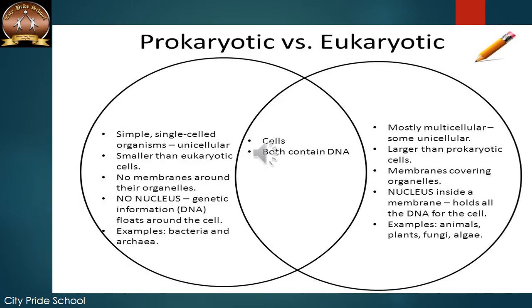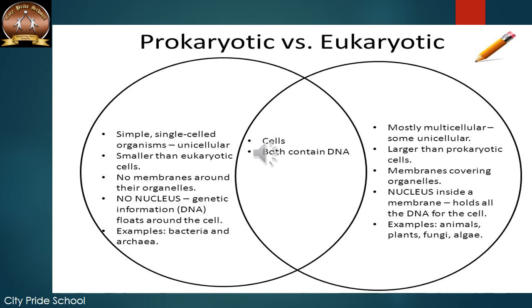Now, as we discussed just now, the nucleus is the main control center of the cell. But all cells do not have the nuclear material surrounded by a nuclear membrane that we saw in the previous slide.